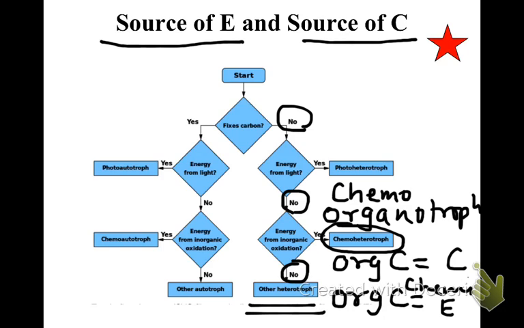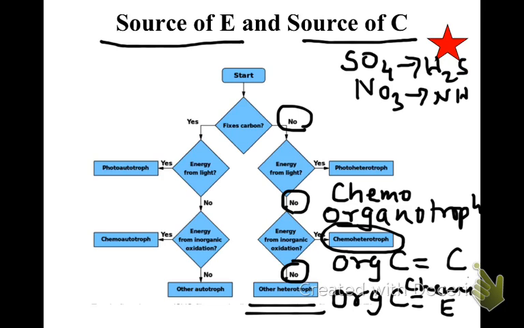Ideally, in this particular example, a chemoheterotroph would be an organism which can perform some inorganic oxidation, kind of like using a sulfate and converting it to hydrogen sulfide, or a nitrate and converting it to ammonia, those kinds of organic or inorganic oxidation processes.